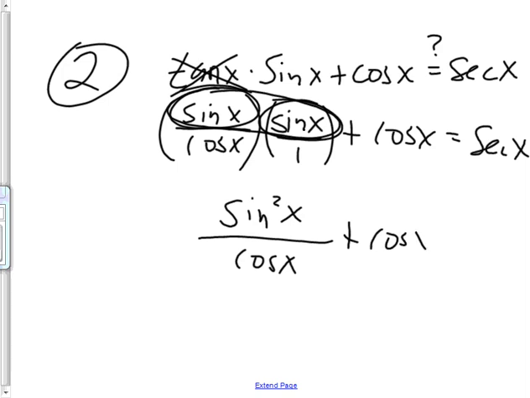Plus cosine x. Now, this is the part where you hopefully are going to think that I taught you about common denominators for a reason. I started this whole unit talking about common denominators because I knew this kind of day would come. So, go ahead. I think something cool will happen once you find a common denominator here.